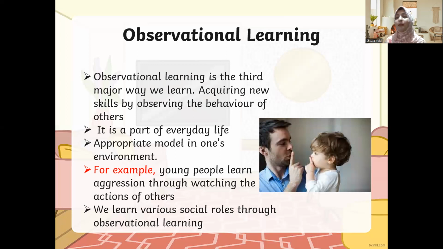The third point is that we learn various social roles through observational learning. We look around, see what other people do, and learn those social roles as well. An example of a social role is the way you greet teachers. When the teacher comes into the class, what do you say? Good morning, ma'am, or good afternoon, ma'am. That is a social role.